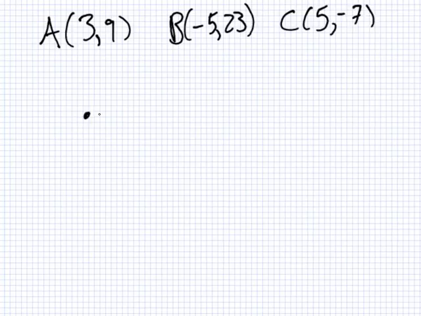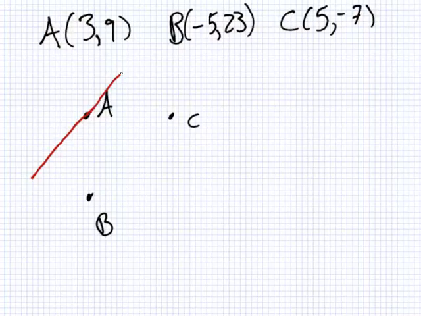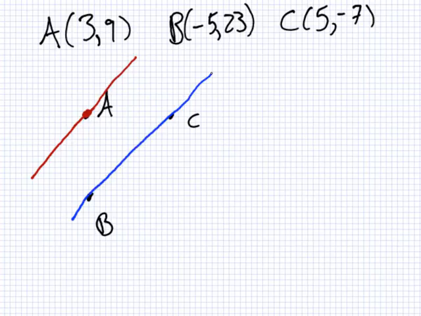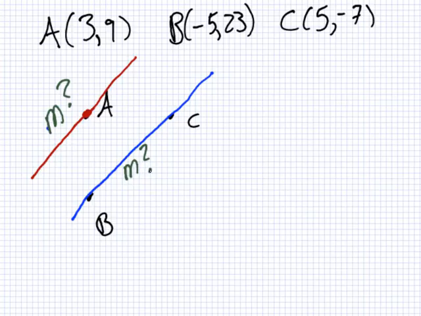So I tell you the A, the B, and the C are here, and the line goes through A and is parallel to the line that goes through B and C. And I want this line. Yeah? So how can I find the M here? I can't. But I can find the M here. And because they're parallel, it's the same.